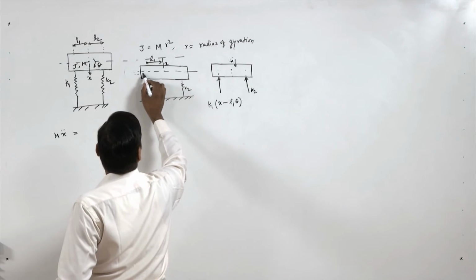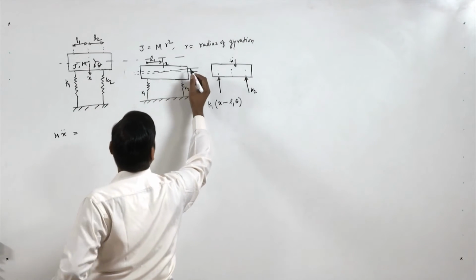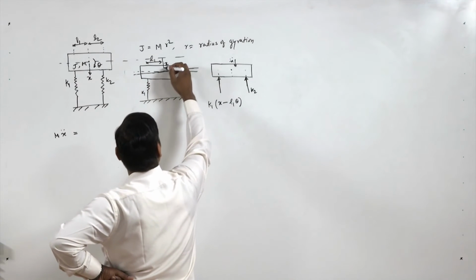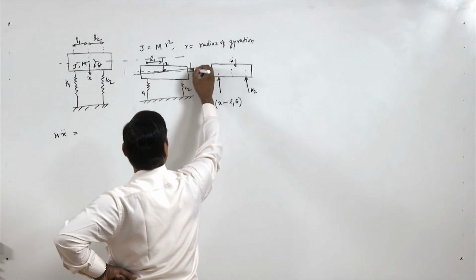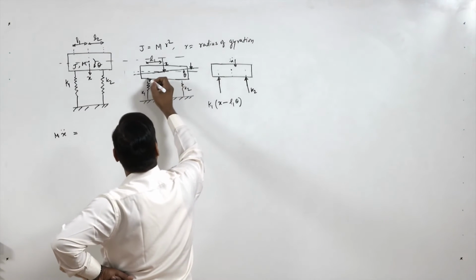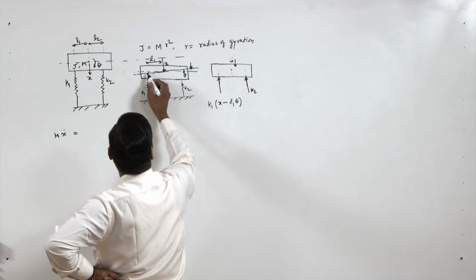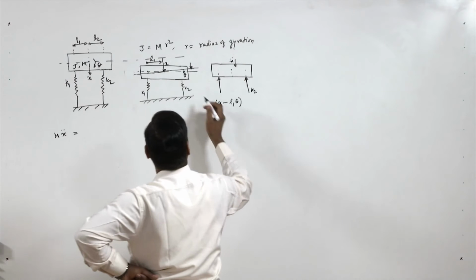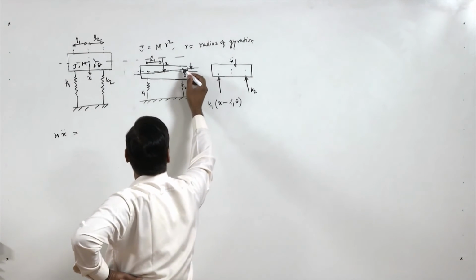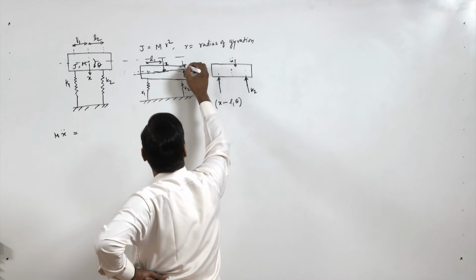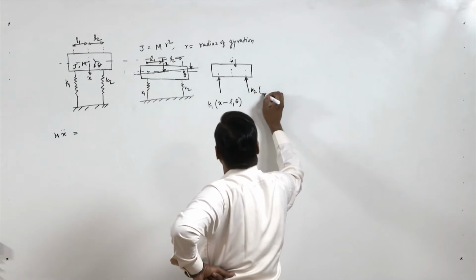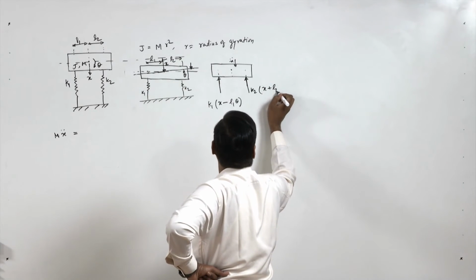This was the axis just because of translation, so this is the translational axis, and then this is the rotational axis, and that is why here it is x minus L1 theta, and this is x plus L2 theta, because this distance is L2. So this is x plus L2 theta.